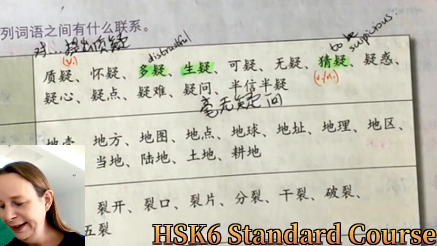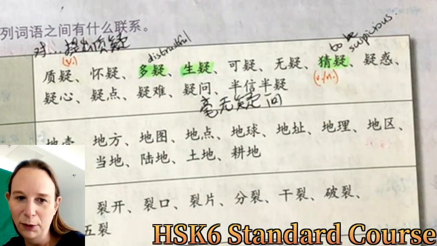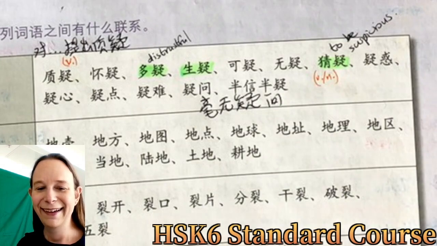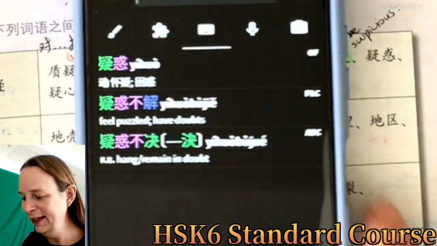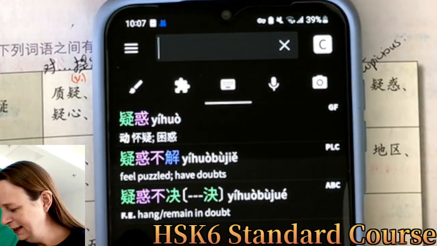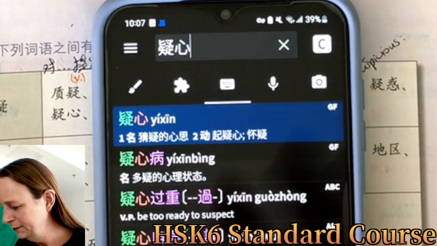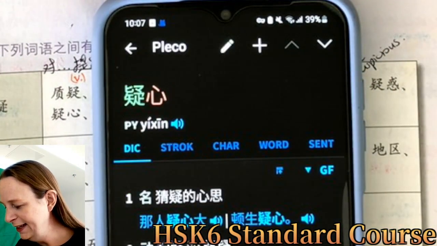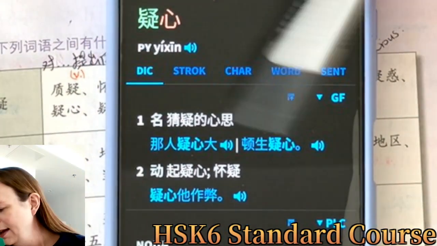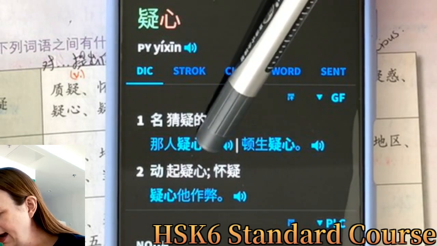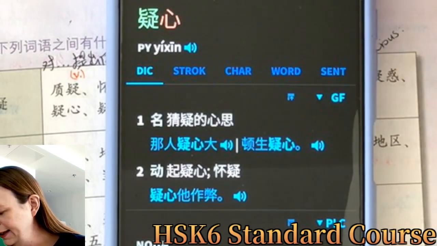疑心. I'm guessing it's 疑惑的心 or something like that. 怀疑的心. 心里都是怀疑. 疑心. 猜疑的心思. Yeah, basically. 那人疑心大. 顿生疑心.